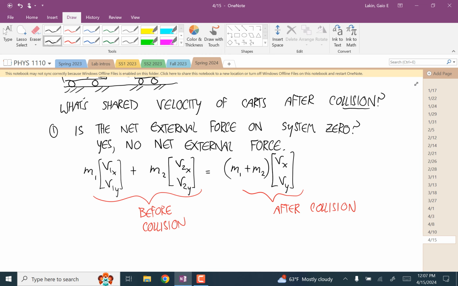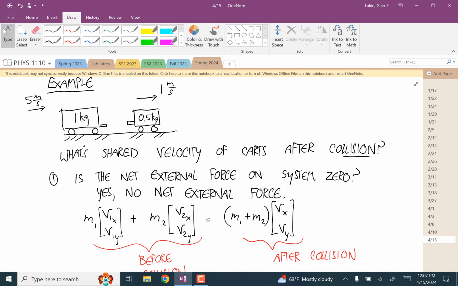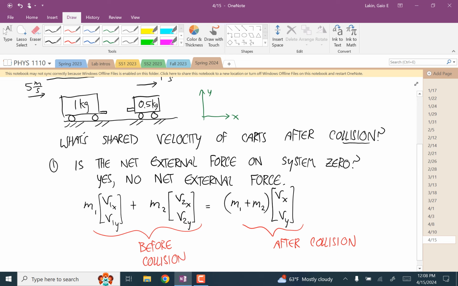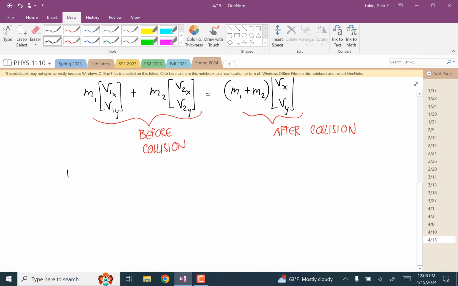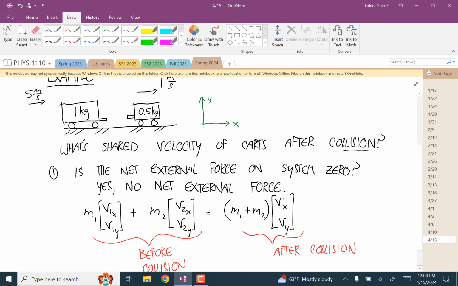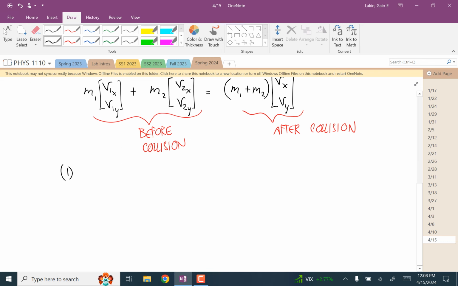Okay, so we're just going to plug these values in. If we have our usual coordinate system, then the mass of the first cart, the one on the left, times its velocity before the collision. It's moving in the positive x direction, so that's 5, 0.